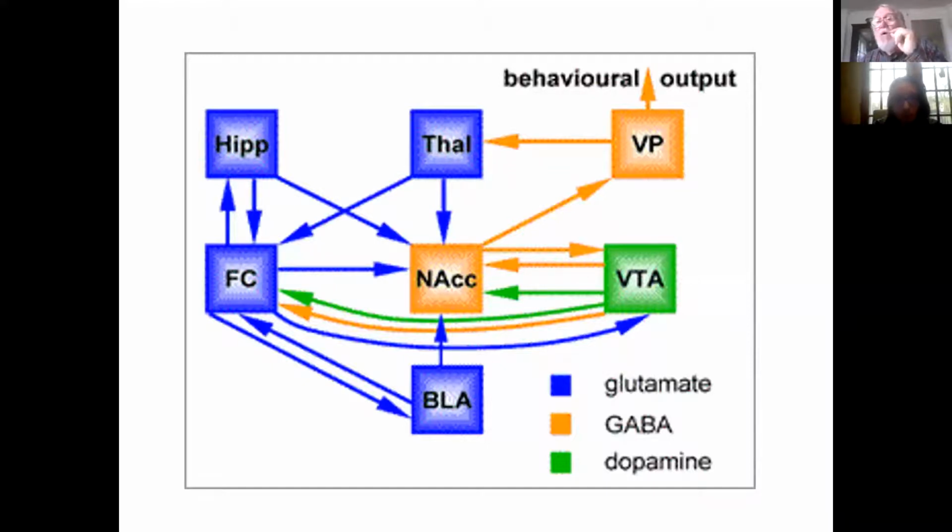In the case of amphetamine, you're going to have more dopamine being released in an amphetamine-treated rat, and the dopamine is going to be working on dopamine receptors in the accumbens.